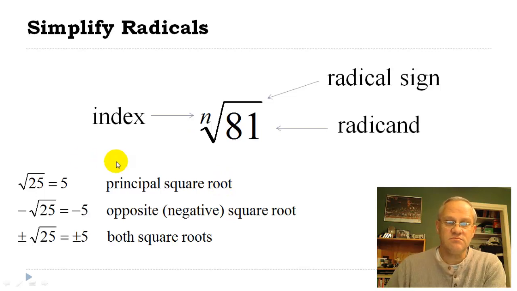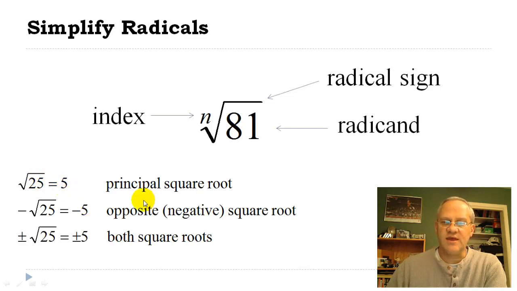Technically, if we have the square root of 25, couldn't that also equal negative 5? Couldn't negative 5 times negative 5 also equal 25? Yes. So that's why they distinguish some of these things. When they ask you for just the square root of 25 like this, they want the principal square root, which is the positive.